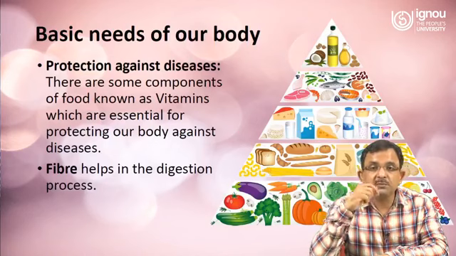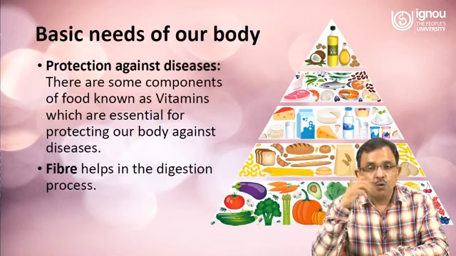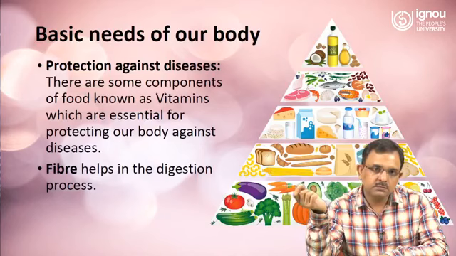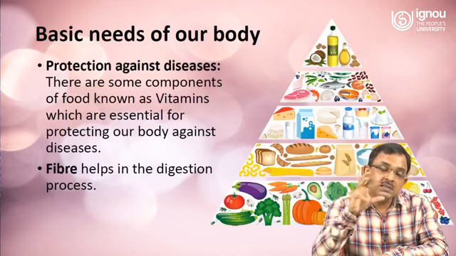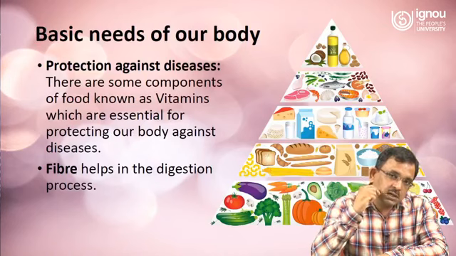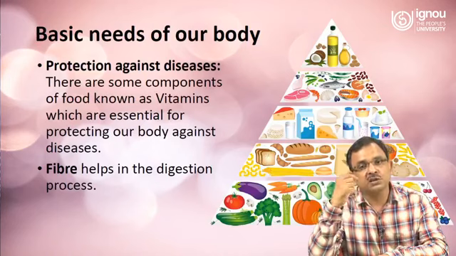What are the sources of vitamins? Why are fruits and nuts better sources of vitamins? Which vitamin is available in which fruit? These are the basic key concepts which you need to deal with when you deal with nutrients required for protection against diseases.